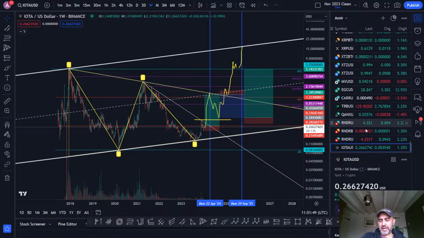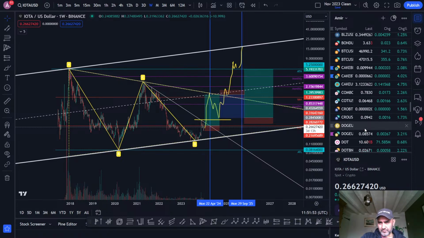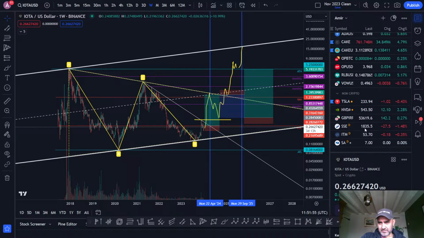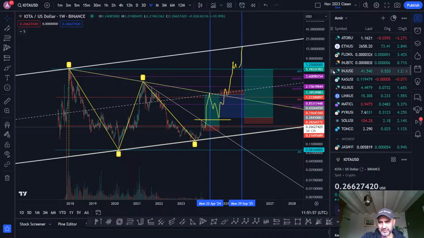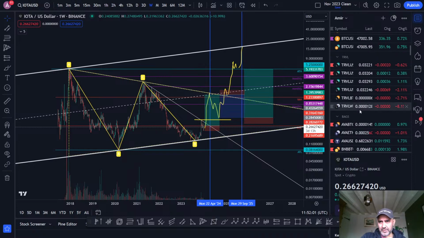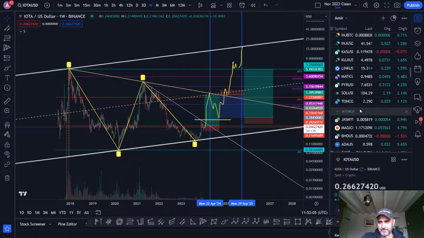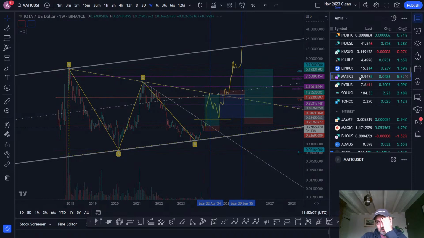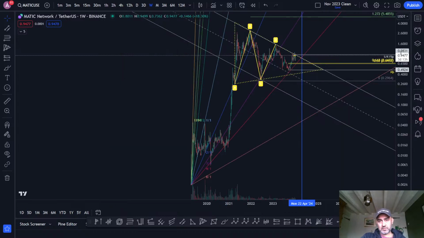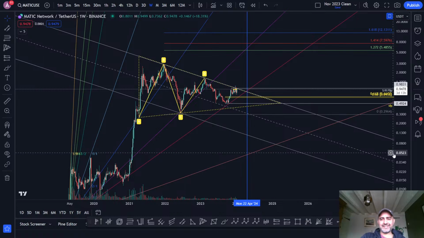And then what I was saying, that it's similar to something else, I will show you another chart, and I think it's Matic actually. Let me find it, because a lot of these, the way the price behaves is it copies itself from chart to chart. I've got something similar here. See?